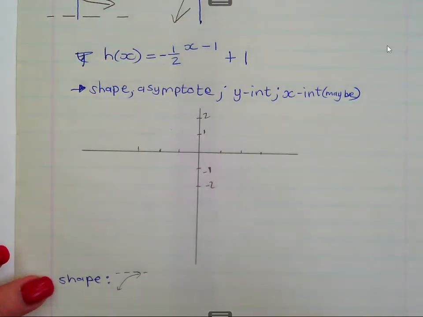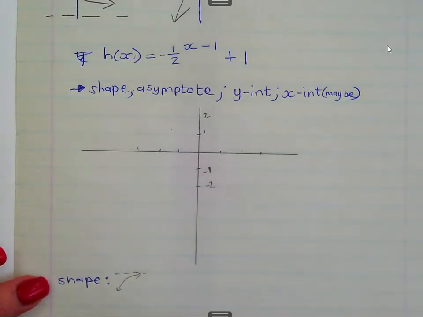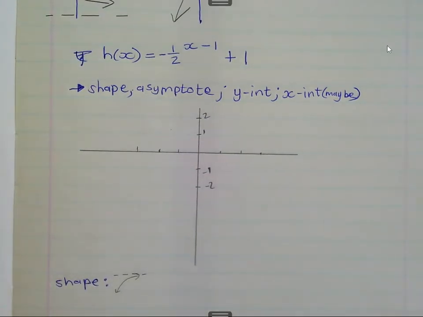The asymptote, what is the asymptote? You can tell me. An asymptote is the equation of a straight line. What is 1?